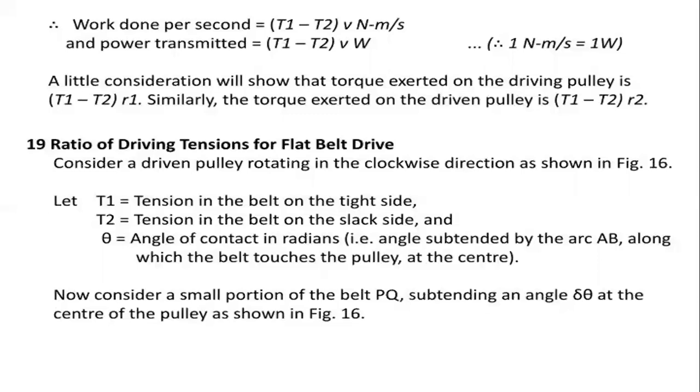Then we take the work done per second, which is (T1 minus T2) times v, in newton meters per second.